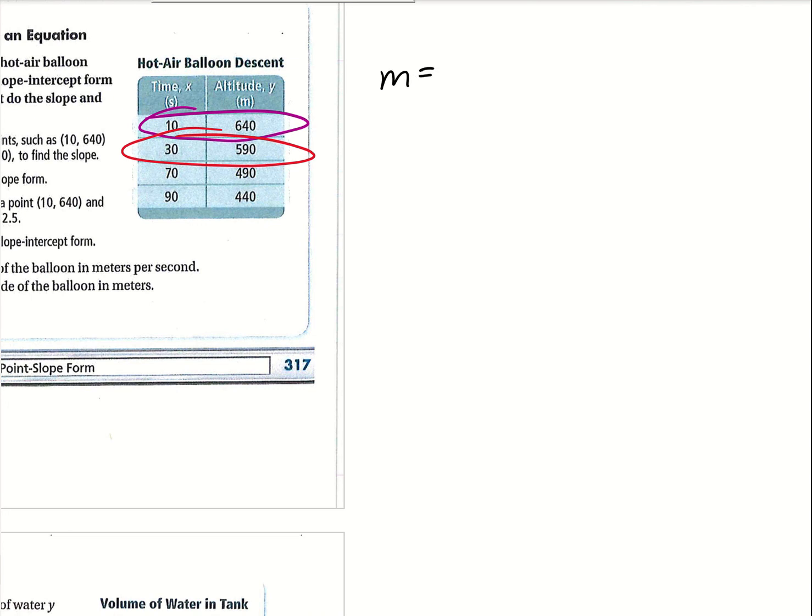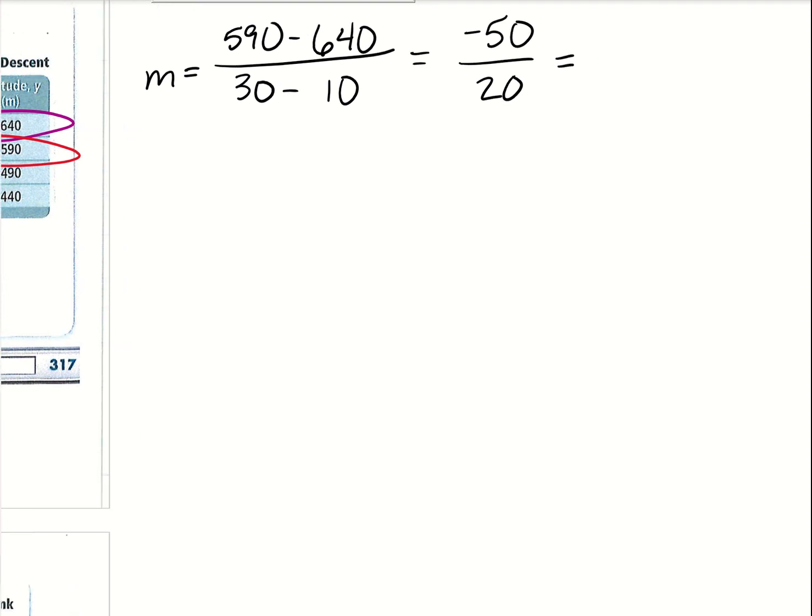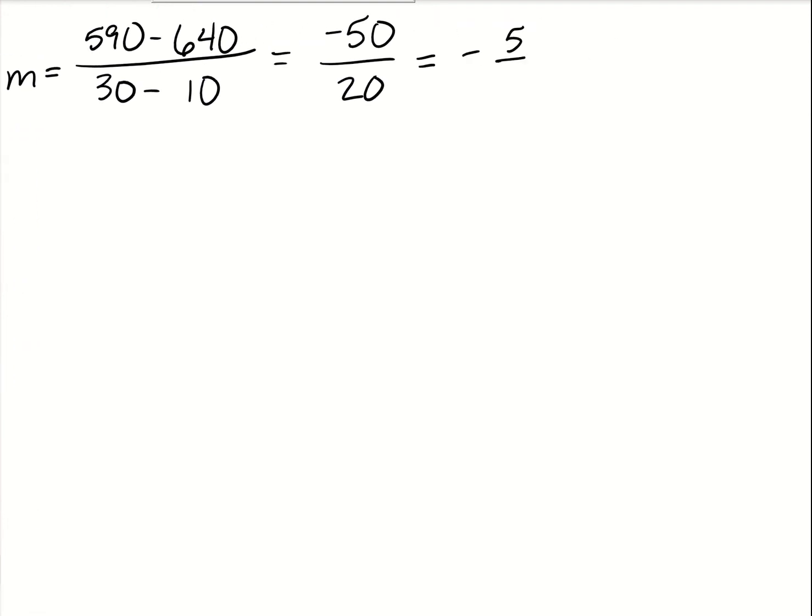So m is going to be y2, which we're going to say is 590, minus y1, which will be 640, over x2, which is 30, minus x1, which is 10. Simplify that. We're going to get negative 50 over 20, which is the same thing as negative 5 halves. All right, there's our slope.